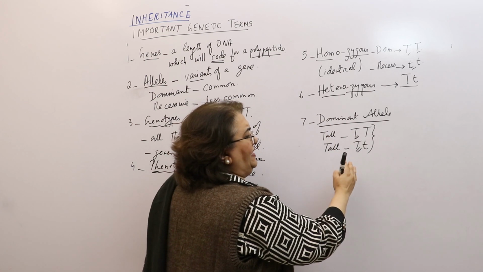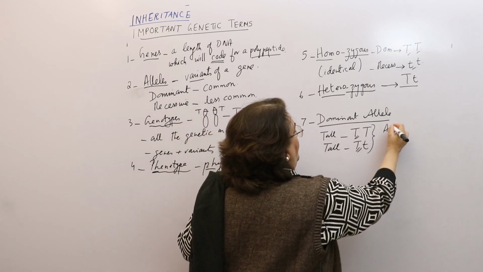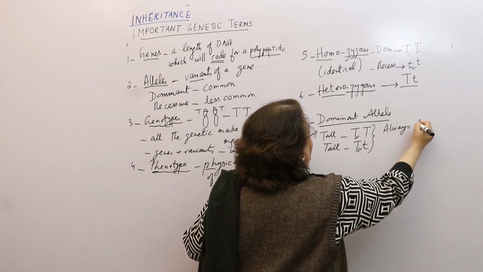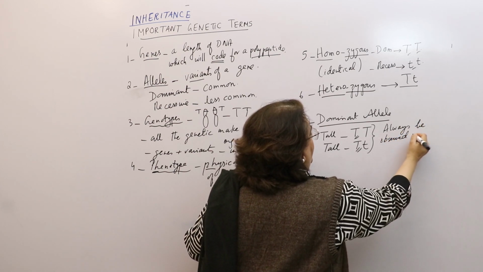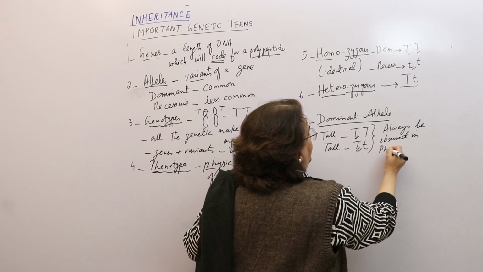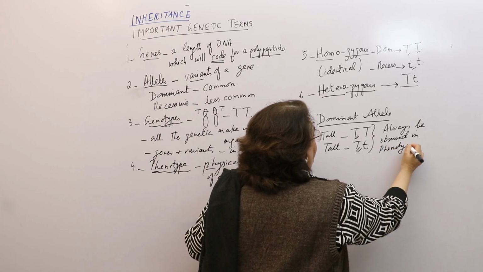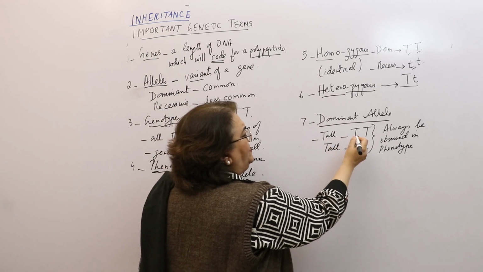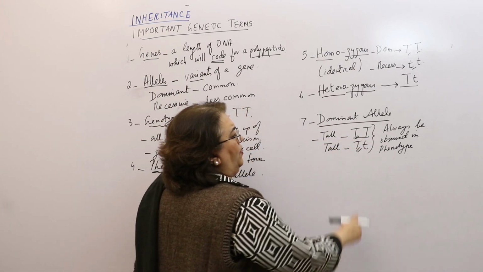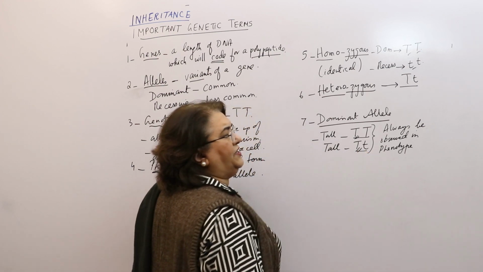A dominant allele is one that will always be expressed, observed in the phenotype, whether it is in the homozygous dominant state or whether it is in the heterozygous state.